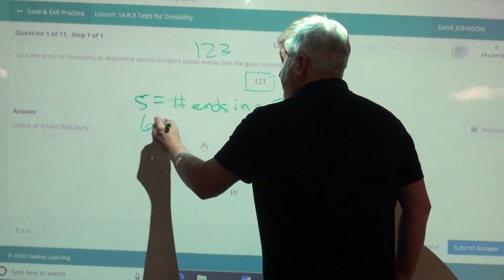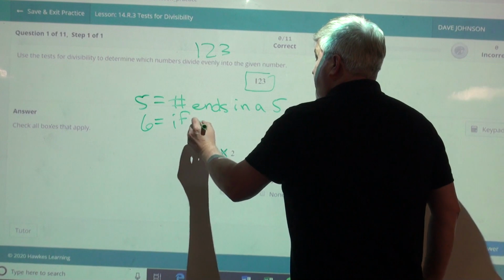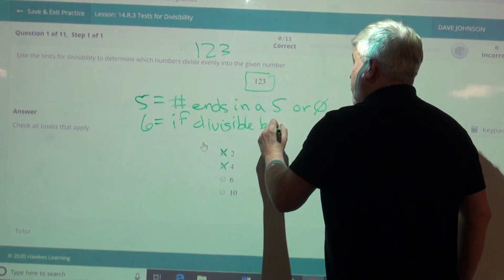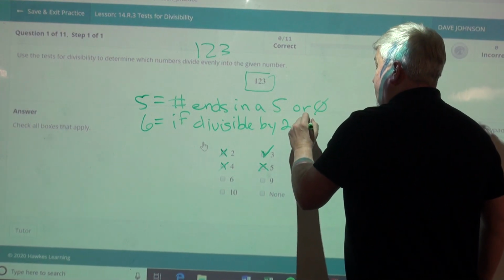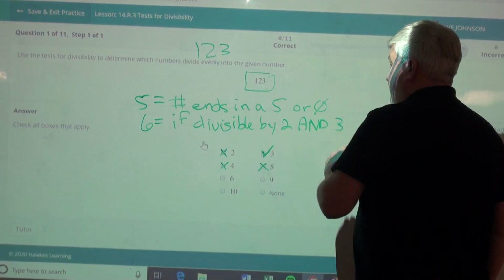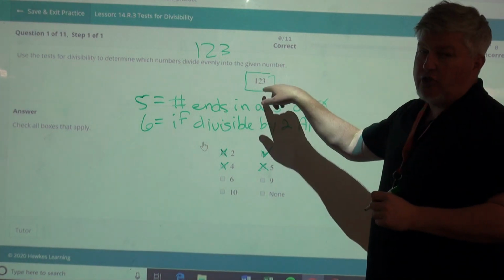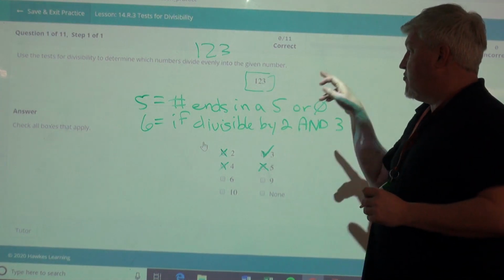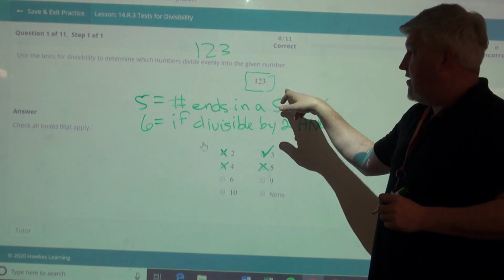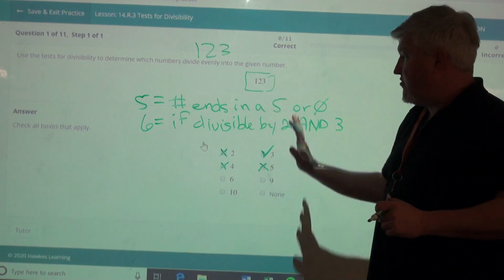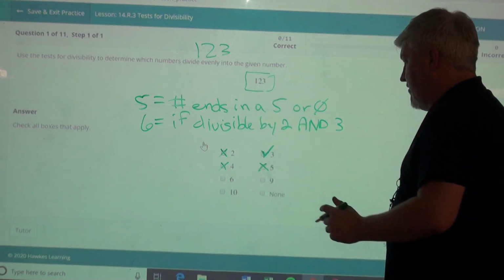Number 6, if divisible by 2 and 3, because 2 times 3 is 6. If a number is divisible by 2 and by 3, it is also divisible by 6. We already said it was not divisible by 2 because it's not an even number, so it is not divisible by 6 as well.